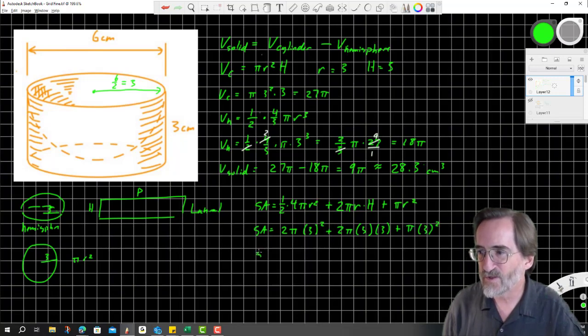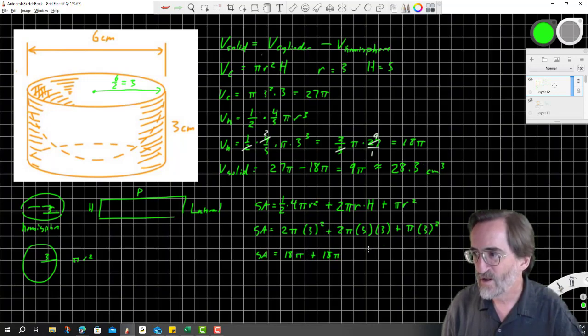And I'm just feeling ornery right now. I'm not going to plug this all into my calculator. 3 squared is 9. 9 times 2 is 18. 3 times 3 is 9, times 2 is 18. 3 squared is 9, so 9 pi. So 18 and 18 is 36, and 9 is 45 pi.